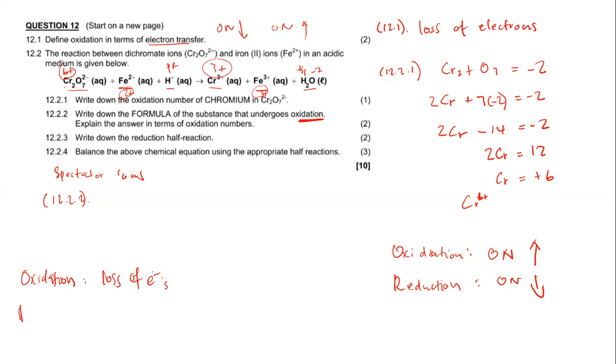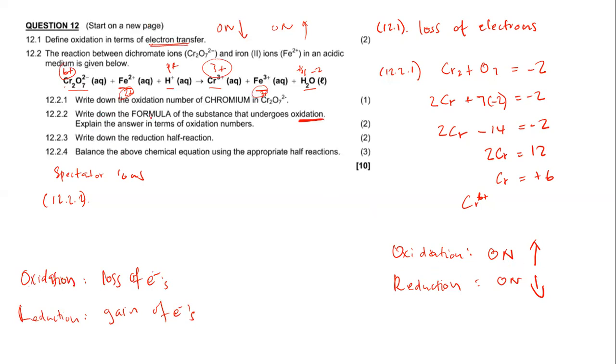And therefore reduction is the gain of electrons. This is the same thing, just that here we are explaining in terms of electron transfer, here we are explaining in terms of oxidation number.